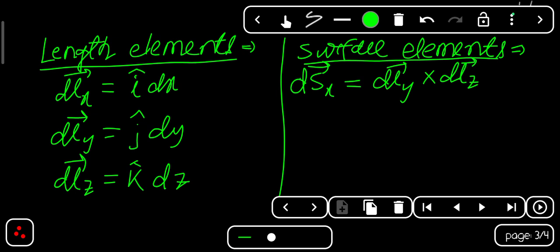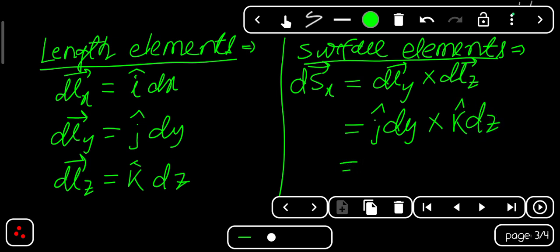The concept of surface is very, very important. So the expression will obviously be j cap dy cross k cap dz, and j cap cross k cap will give you i cap. So i cap dy dz.